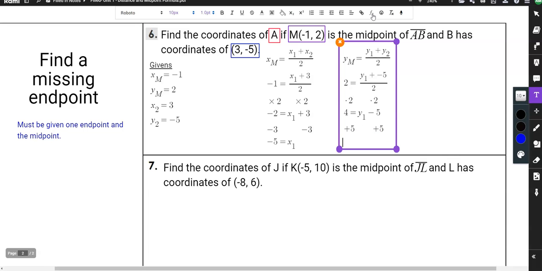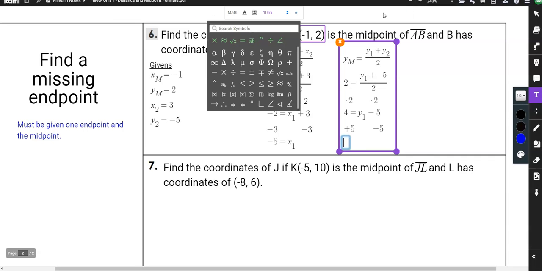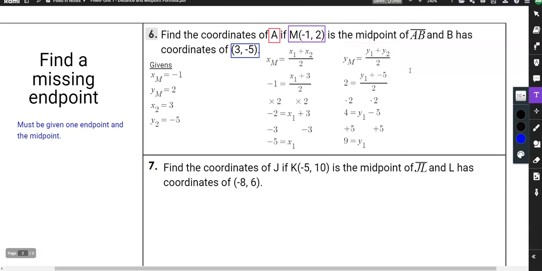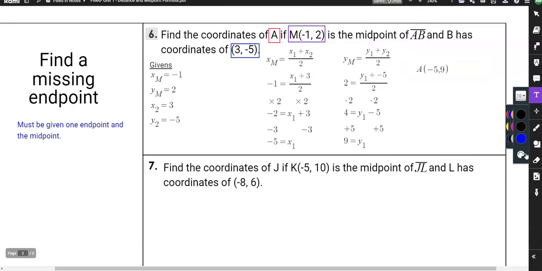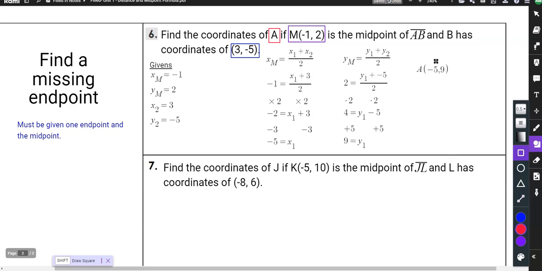And that's going to leave me with 9 is equal to my y sub 1. Which tells me that A is going to be at negative 5, 9. So that's my final answer. I'll box it in.